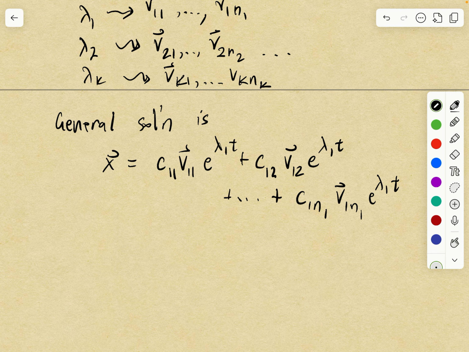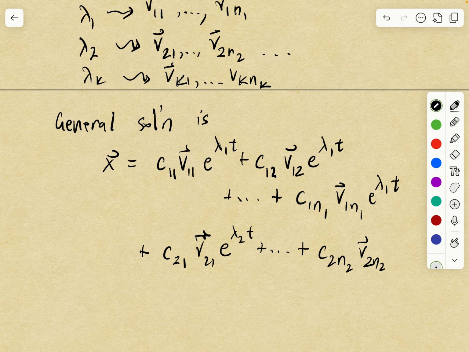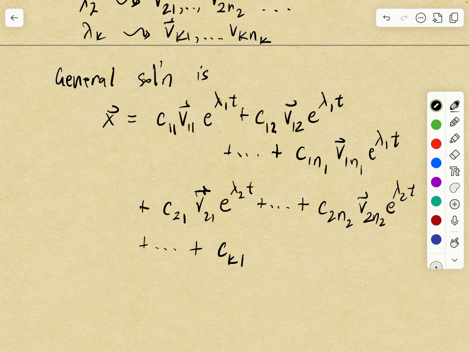Basically you just pick eigenvectors for the first eigenvalue, and then you repeat for the second eigenvalue: c21 v21 e to the λ2t plus dot dot dot plus c2n2 v2n2 e to the λ2t, all the way to k: ck1 vk1 e to the λkt plus dot dot dot plus cknk vknk e to the λkt.